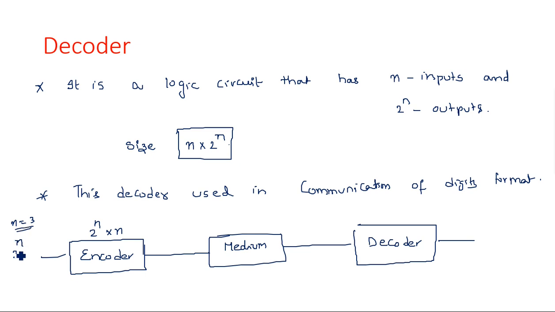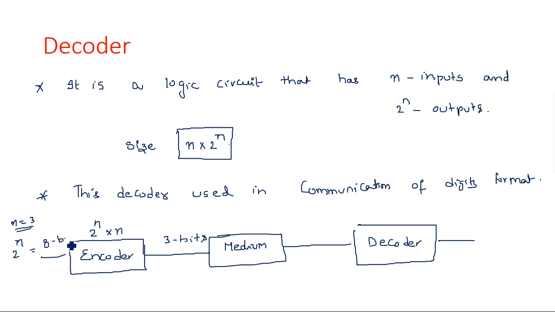N equal to 3 means 2 power 3 is equal to 8. That means the input has 8 bits of information, and these 8 bits are converted down to 3 bits.